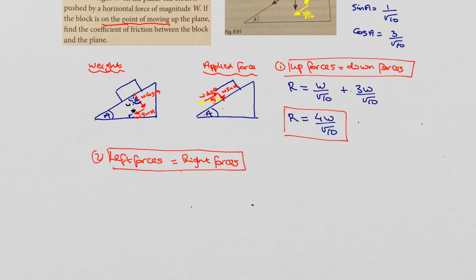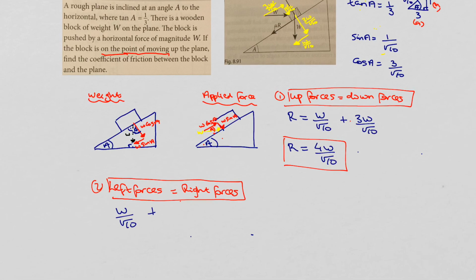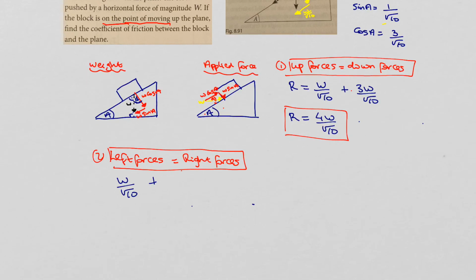So we have W over root 10 plus mu R is equal to 3W over root 10.